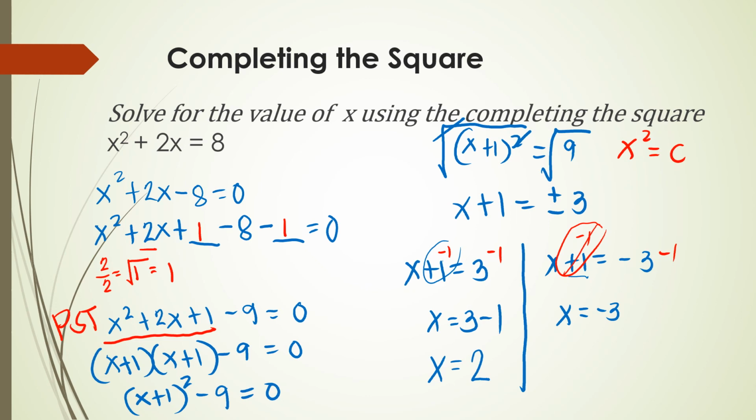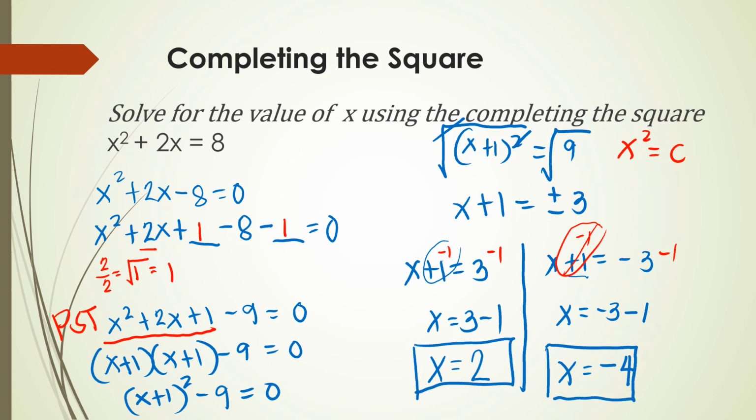So, ito, negative 3 minus 1. So, x is equal to negative 3 minus 1, that is negative 4. And these are the values of x, which is negative 4 and positive 2. So, ganyan yung pag-solve kapag ginamit si completing the square.